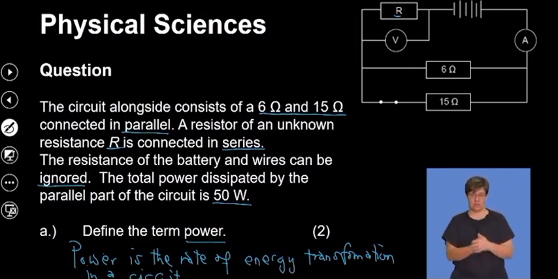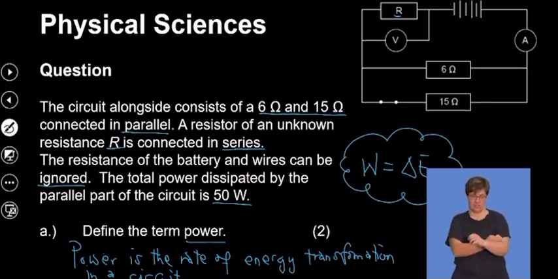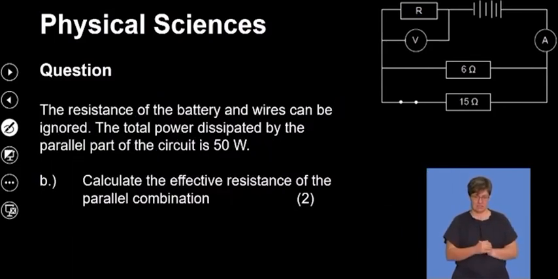And then we also go on and say work is equal to change in energy. So work is energy, energy is work. So this is the main concept regarding work and energy. But again, we say that P is equal to W over delta T, right? Okay. Now, the resistance of the battery is ignored.